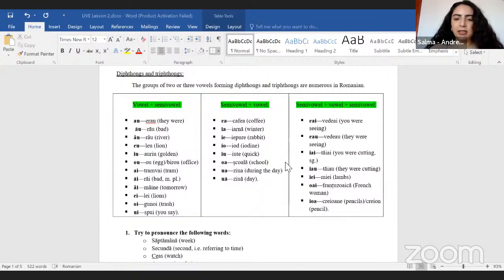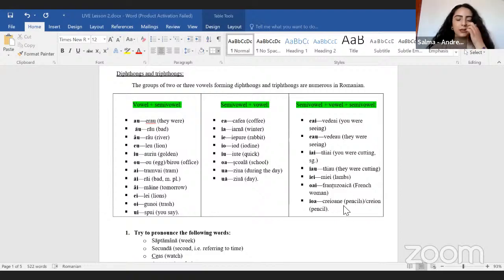And then in the last column, we have the triphthongs: two semi-vowels, and a vowel in between them. So, vedeai, vedeau, tăiai, tăiau, miei, franțuzoaică, creioane.